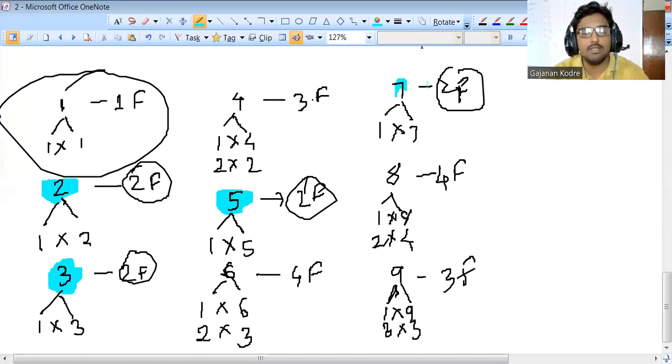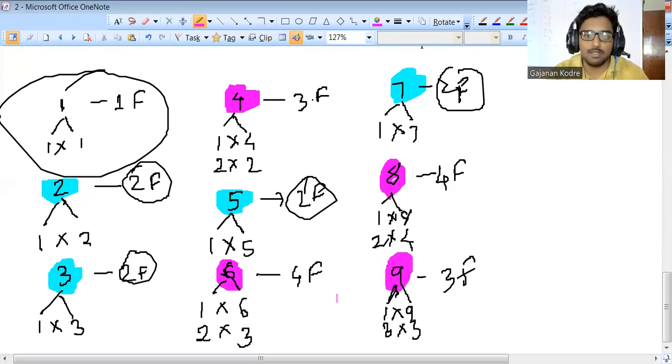Whereas the others are composite numbers. So number 4, number 6, number 8, number 9 are composite numbers. Now, what are co-prime numbers? That we'll discuss later.